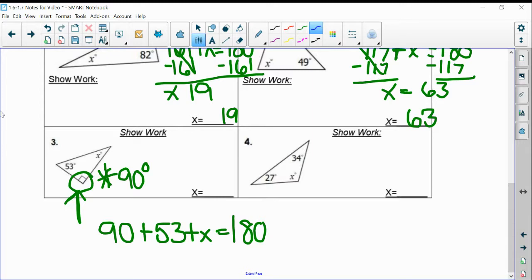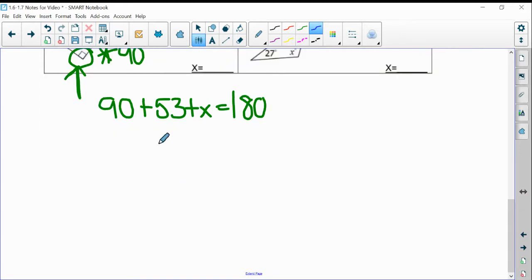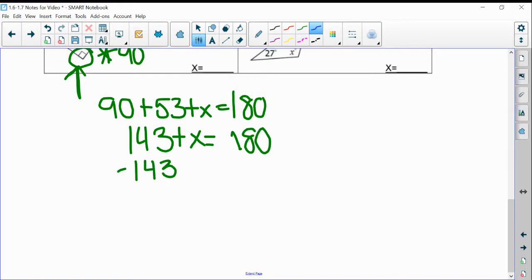All right, so then we're going to go ahead and say 90 and 53 is going to give me 143. So 143 plus x equals 180. So minus 143, minus 143.